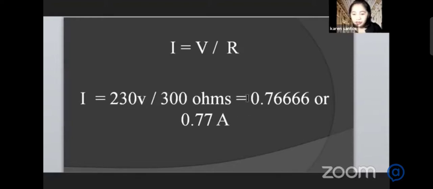So it's equal to 0.7666, and we have to round up. So from 0.766666, we have 0.77 A.